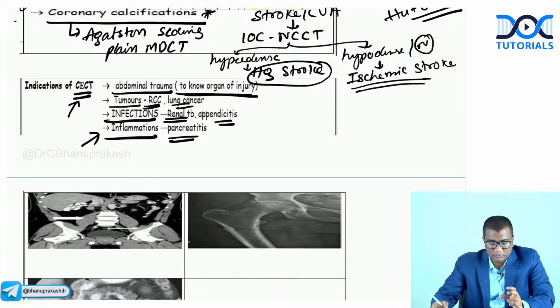Are we clear with this? So this is for CECT: abdominal trauma, any vascular areas where you expect vasodilation, like tumors with a lot of angiogenesis, or inflammation like pancreatitis, infected areas like ileocecal tuberculosis, renal tuberculosis, or appendicitis, you go for a contrast enhanced CT scan.